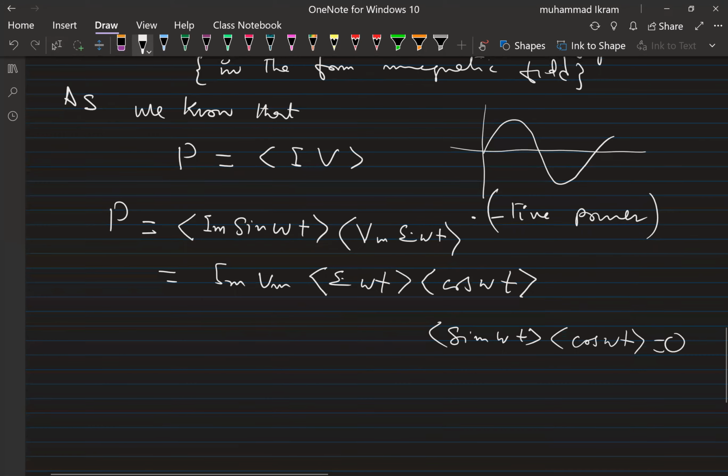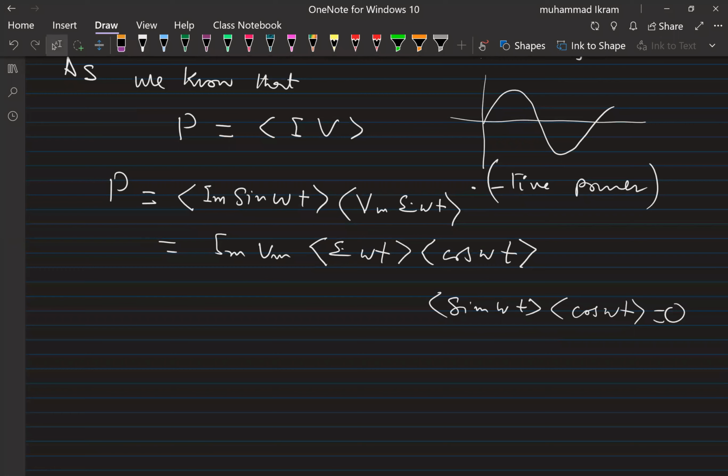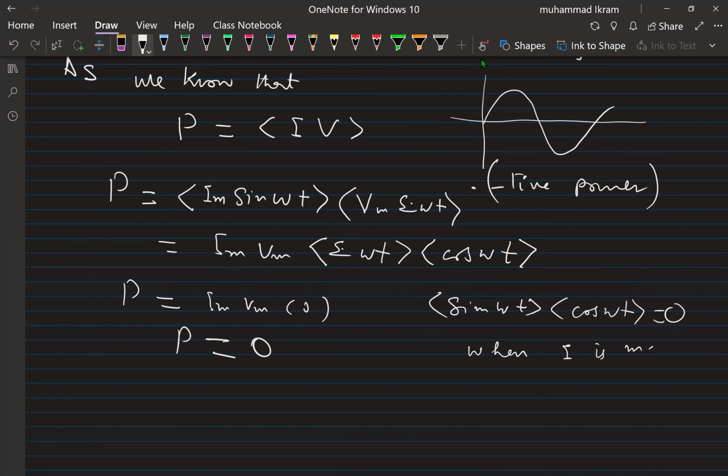Now that is very simple. Just forget all that explanation, but the very simple thing here is that when I is maximum, the power is 0. The answer is simple: when I is maximum across the inductor, at that time VL is 0.